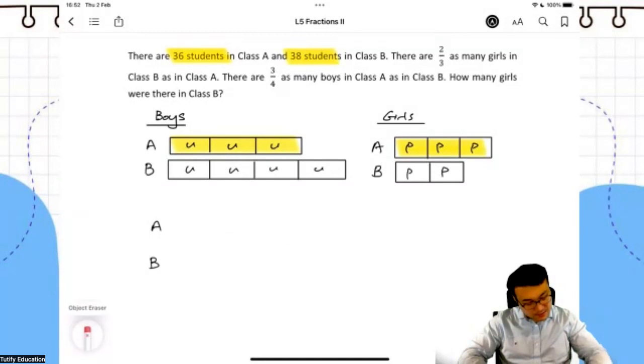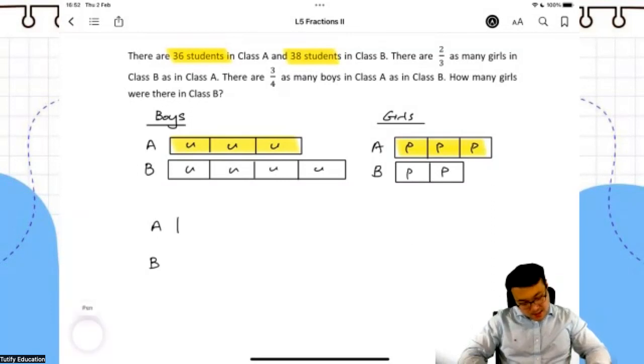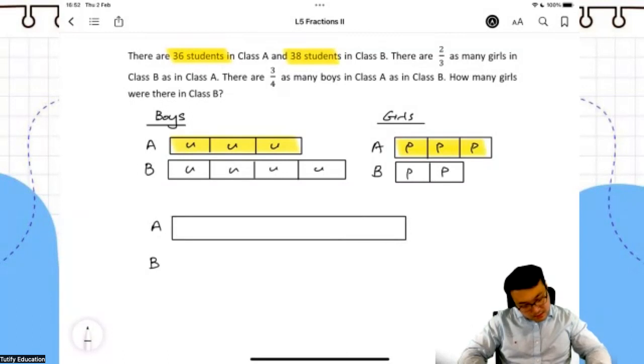This is a little bit too short. Okay, get me a nice rectangle. There you go. 3 units of boys plus 3 parts of girls.